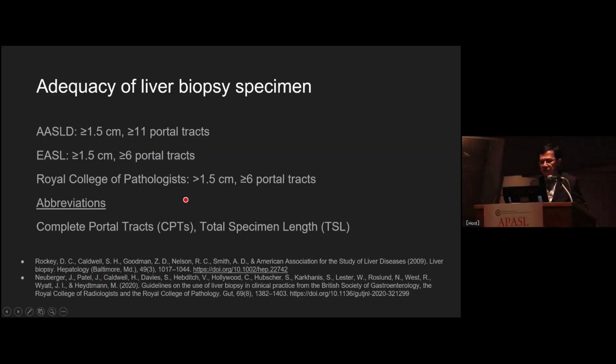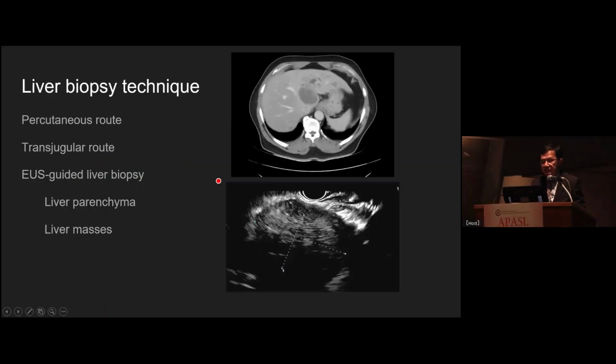The most commonly used abbreviations for EUS guided liver biopsy include CPT as complete portal tract and TSL as total specimen length. The liver biopsy can be done via the percutaneous route, the transjugular route, and through EUS guided liver biopsy.